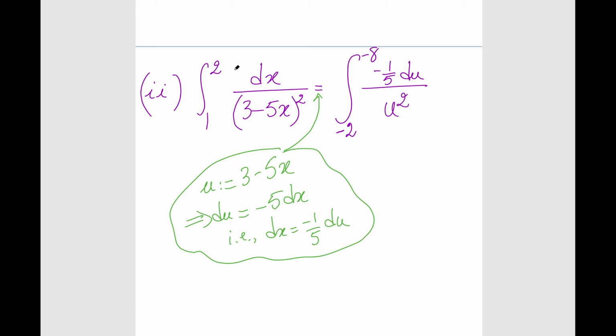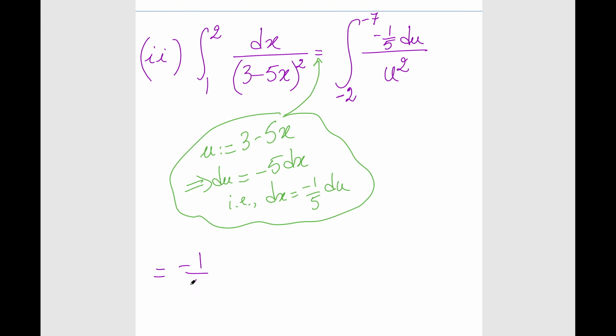One more time. If x is 2, minus 5 times 2 is minus, oh, I made a mistake, minus 7, right? So again, if x is 2, minus 5 times 2 is minus 10, minus 10 plus 3 is minus 7. Okay. All right.